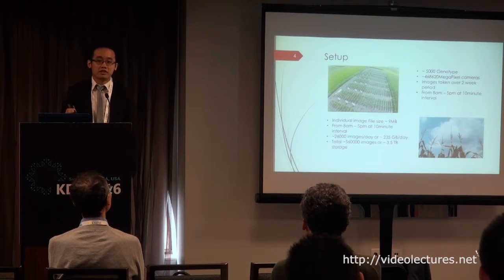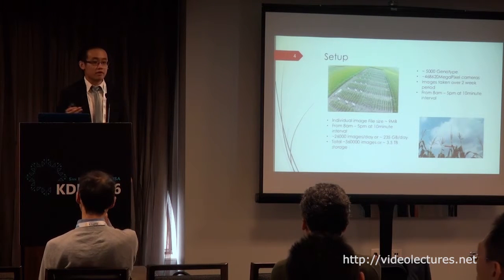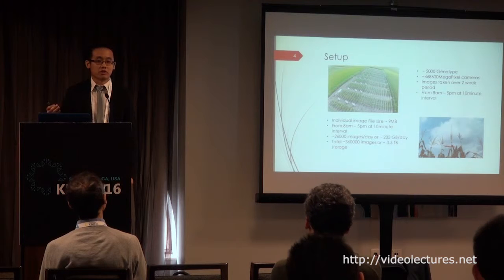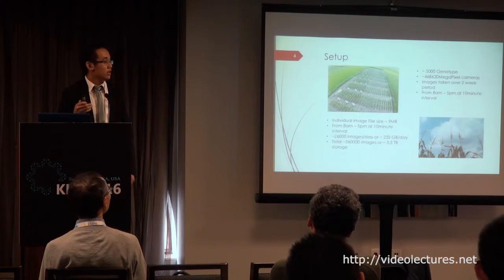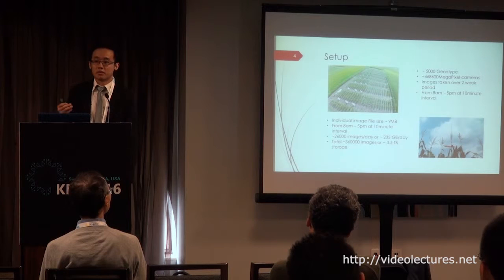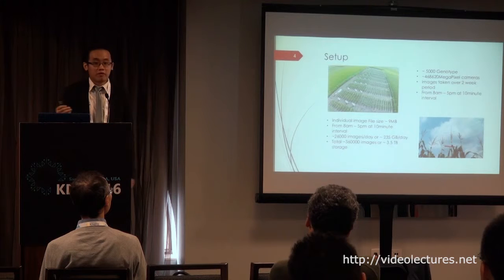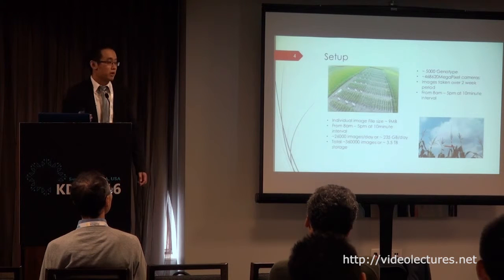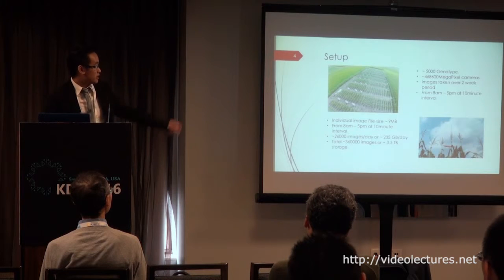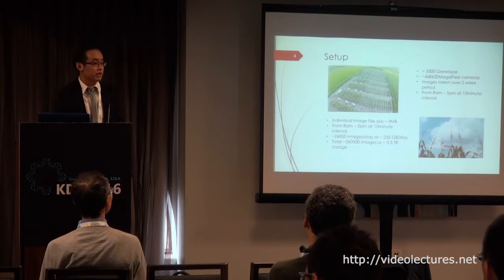Each being a 20 megapixel camera, even when compressed because it's a lower, consumer level camera, you're still getting 9 megabytes per image. So if you multiply it up, you get over 3.5 terabytes or even more at the end of the day. That's an example of an image that the camera captures.